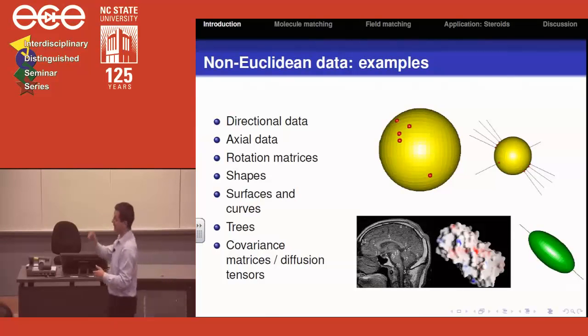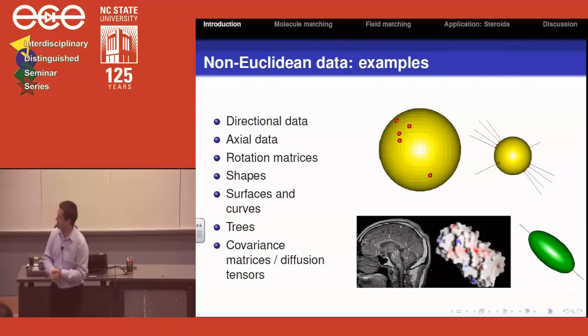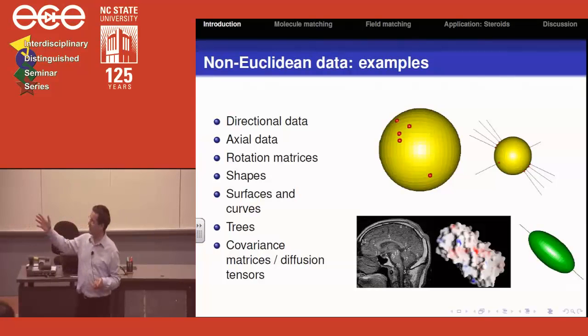Other examples here, well, I won't go into detail with them, but things like rotation matrices lie most naturally in a non-Euclidean space. The thing I'm interested in is shapes. We have some pictures at the bottom there of some points in the brain, an MR scan of the brain.